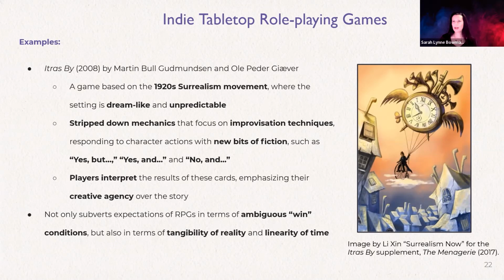And it's quite interesting as a storytelling device that's sort of baked into these cards. And then the players are the ones that interpret the results of these cards rather than a game master, which again emphasizes the co-creative agency that the players have over the story in these kinds of story games.